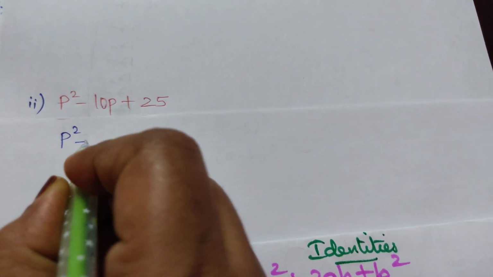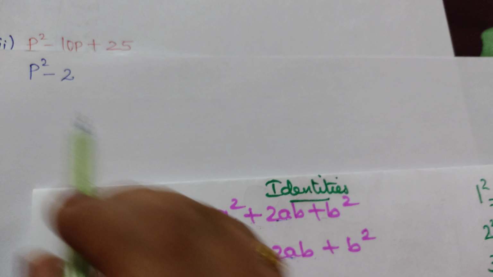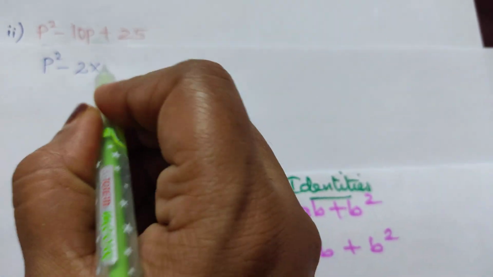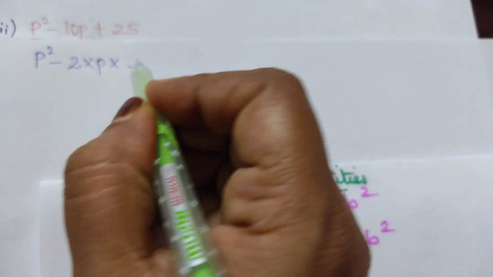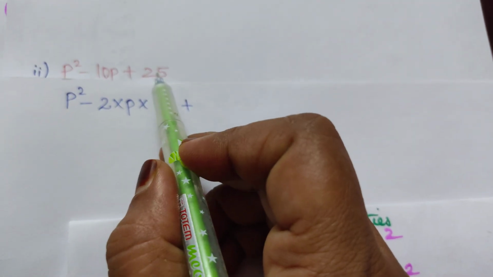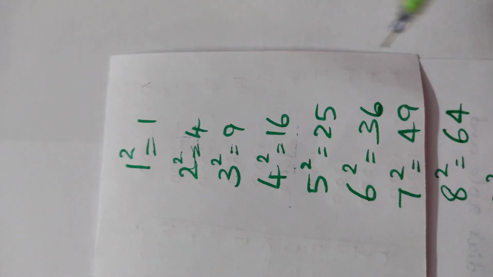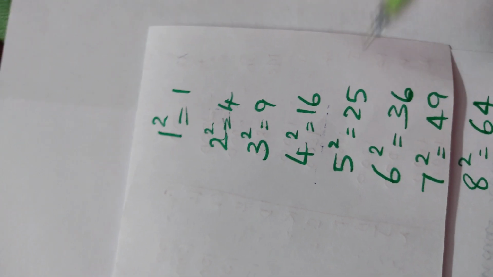p square minus 2ab. So here a is p, so 2 into p into b. What is b here? To know b, let us find whose square is 25, or what is the square root of 25. So you see here where 25 comes. 5 square is 25.